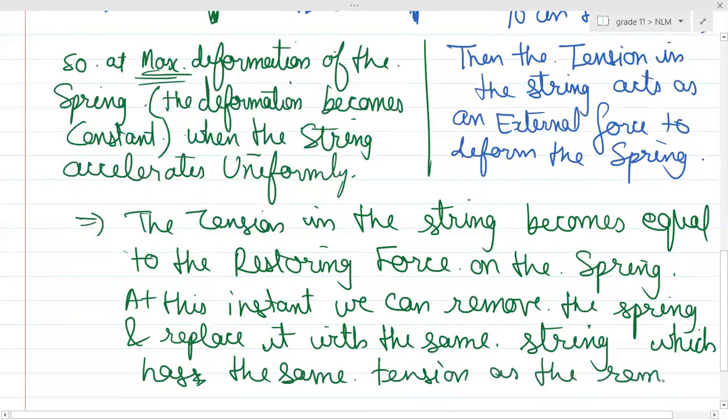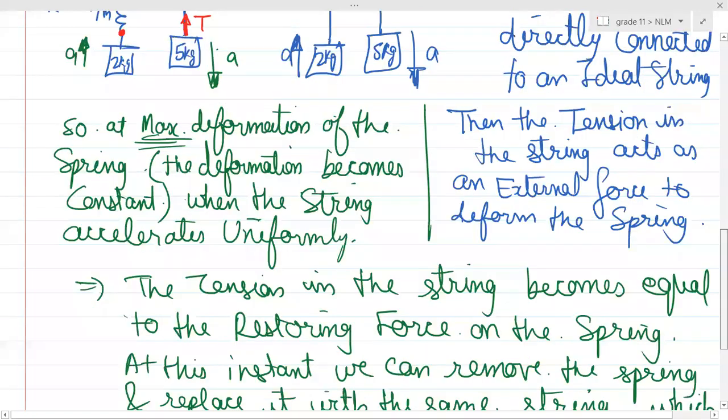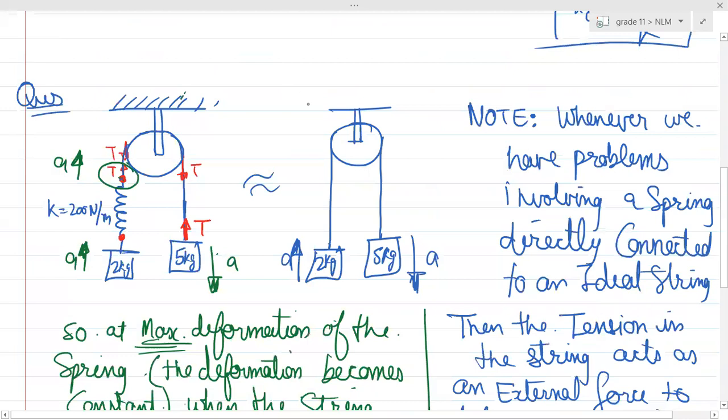So basically, I told you this. So can we do this from figure 1 to figure 2 conversion? So we can convert from this to this, provided the acceleration is uniform.